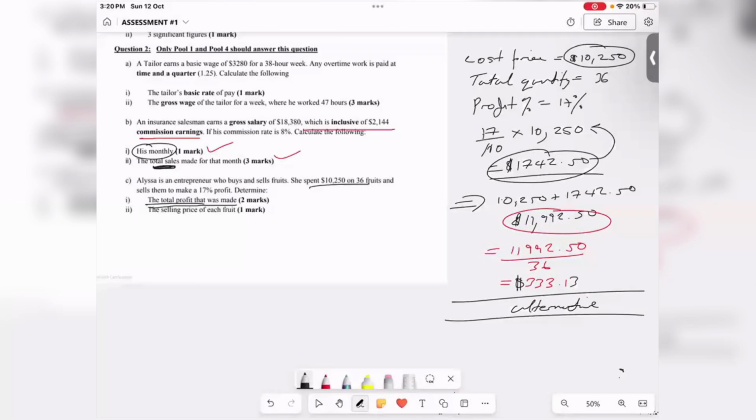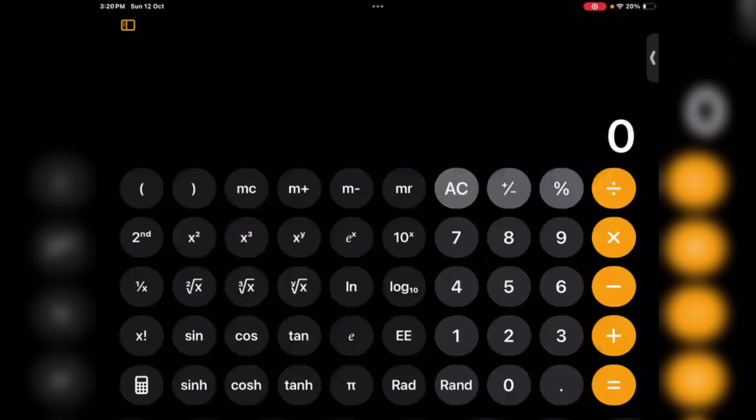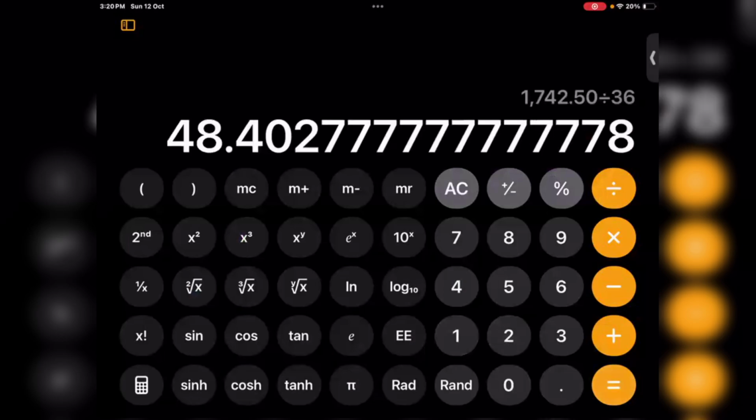All right, for those of you who are thinking this way, you could have taken the $1,742.50 and divided it by 36. Let's see what we would have gotten. So 1,742.50 divided by 36. And that would have given us essentially a $48.40 profit on each fruit.